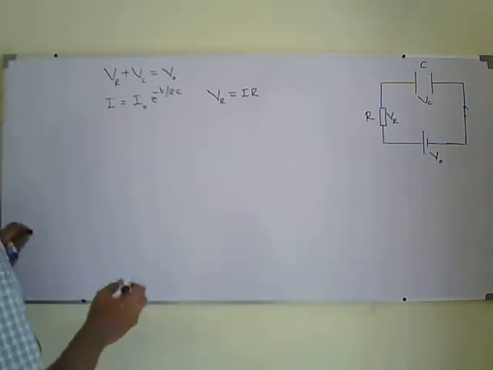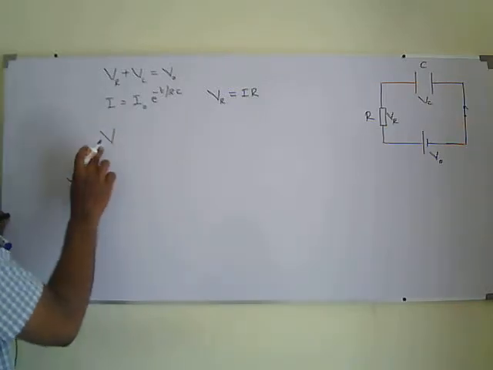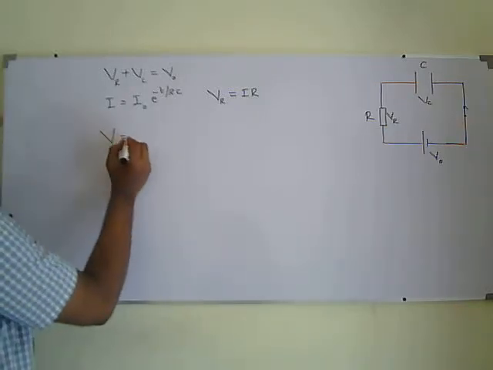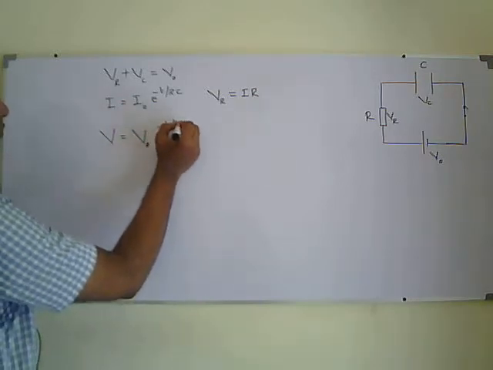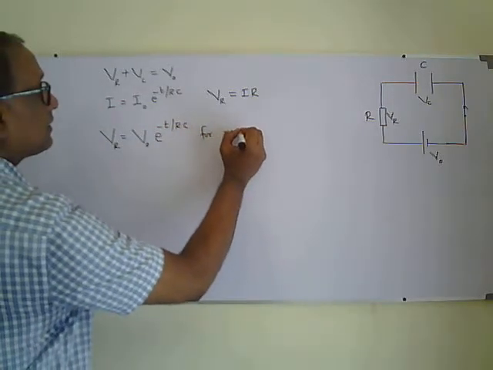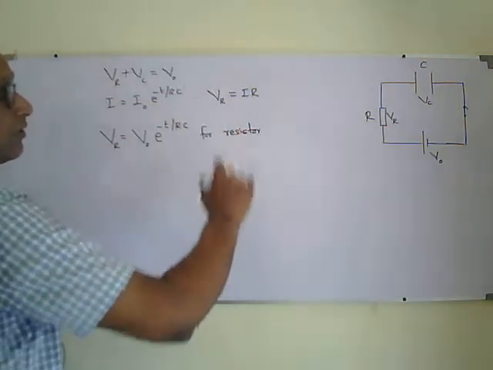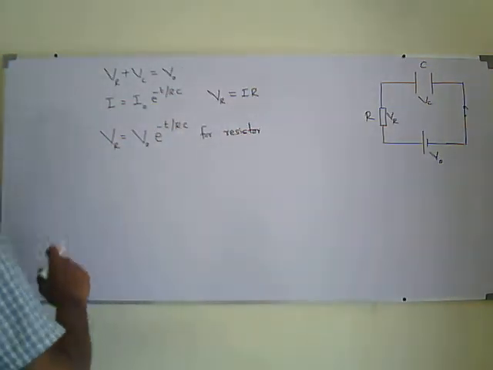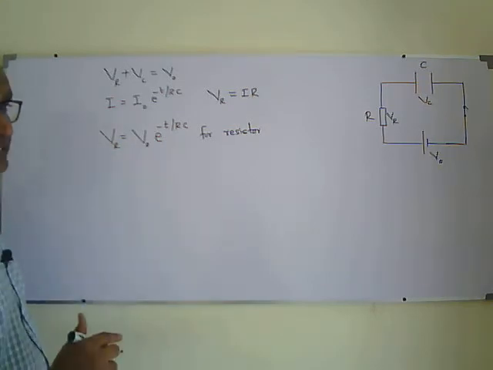So for the voltage across the resistor, I can write an equation at an instant. This is for the resistor: V equals V naught e to the power minus t over RC. For the total resistance, the voltage across it will vary exponentially.